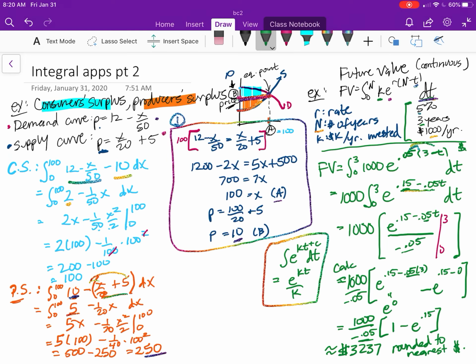Ultimately it's because the derivative of a constant is 0, but again, we will look at that later. For now, know that the integral of e to the kt is still e to the kt, but if I have a plus c there, it also stays e to the kt plus c, and we still divide by k. So the integral that we have over here, e with this ugly mess, is still e with that ugly mess, but we divide by that k. Negative 0.05, there's the k.